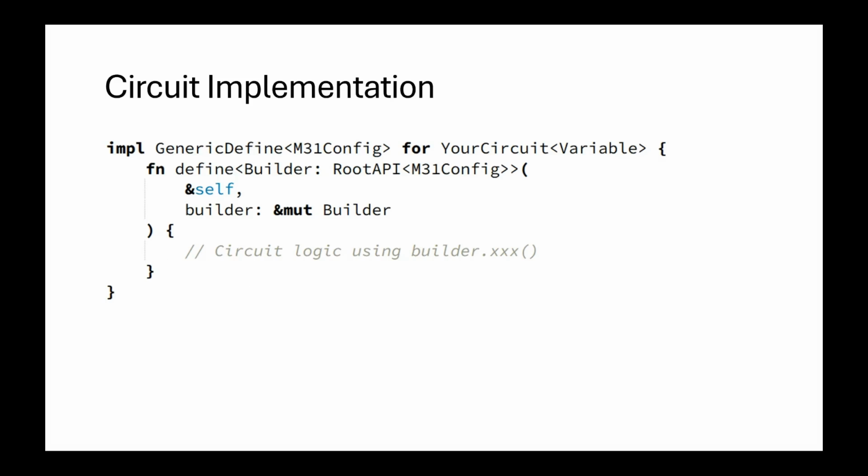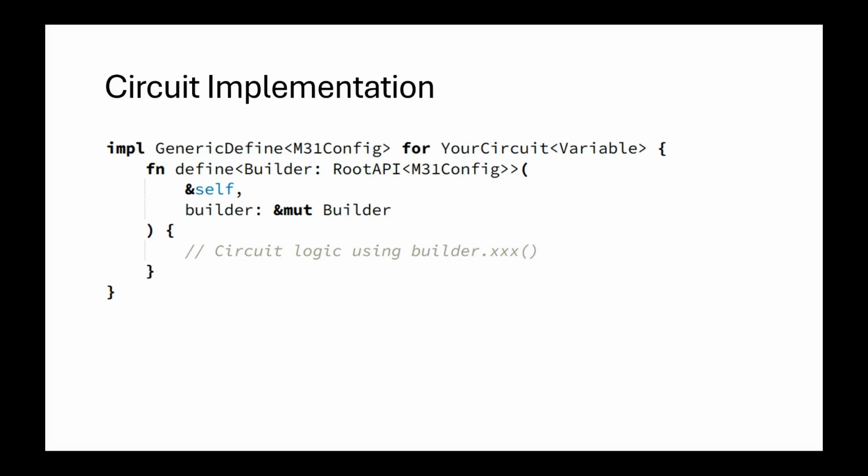After declaration, we need to write the circuit logic. Here we need to implement this trait, and the logic is inside the define function. In this function, we can use something like builder.add or builder.multiply to do the addition and multiplication.